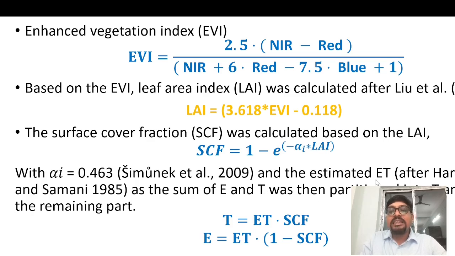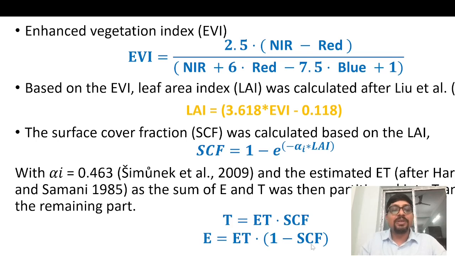From this SCF, we can estimate the ET using the Hargreaves and Samani 1985 formula. Then we can separate or partition E and T using this formula: T equals ET multiplied by SCF, and E equals ET multiplied by 1 minus SCF.